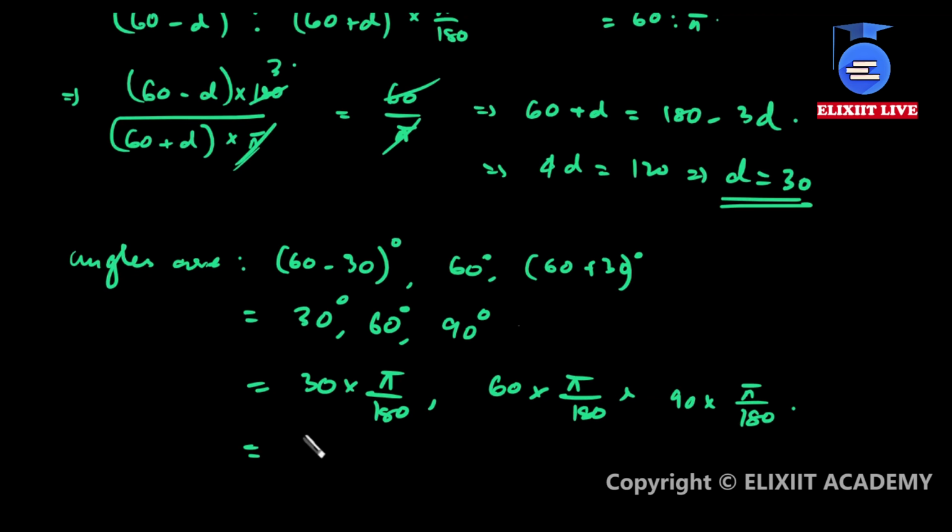This is pi by 6. I'm just showing you the workings; 30, 60, 90 are standard angles you need to remember. Pi by 6, 60 degrees is pi by 3, and this is pi by 2, in terms of degrees and in terms of radians.